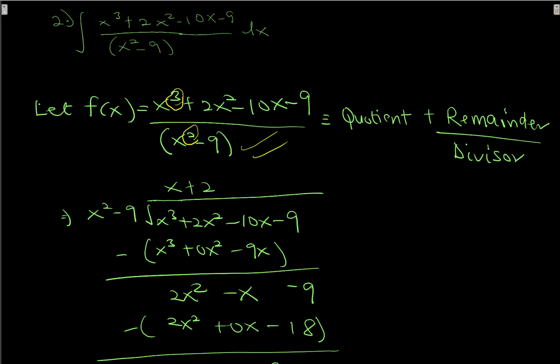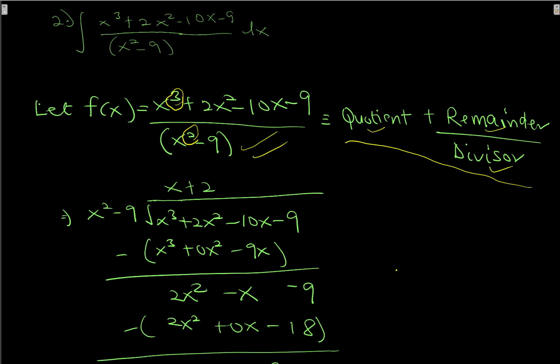Improper. And anytime you are expressing any improper rational function in terms of partial fractions, then you have to express it in this form: quotient plus remainder over the divisor.